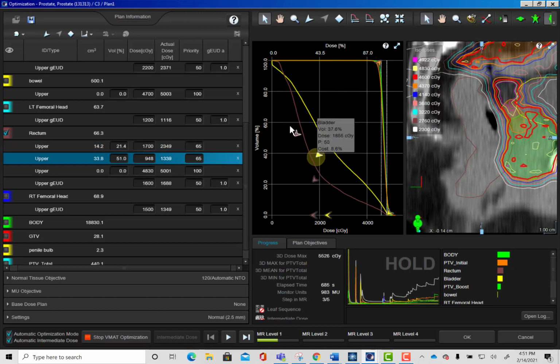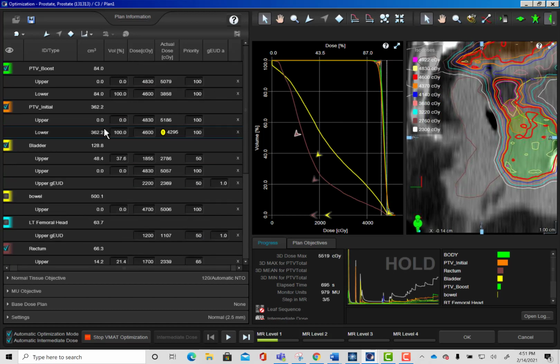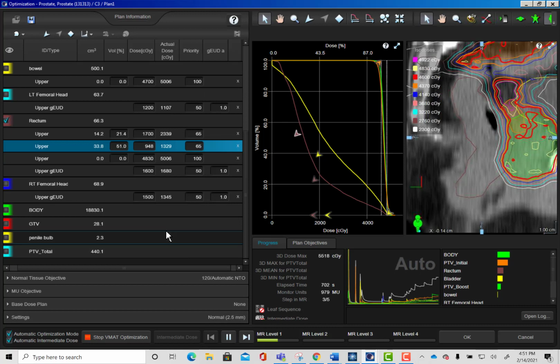Okay, so I could maybe even keep pushing a little bit. Like I was saying, we haven't lost too much coverage. We lost a little coverage on our node volume, that PTV initial, but not too bad. But for the sake of time, I'm going to play this forward.